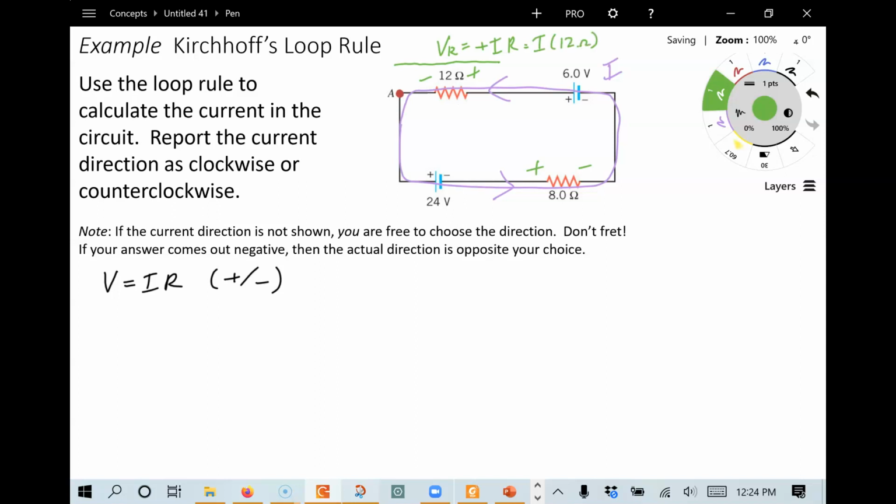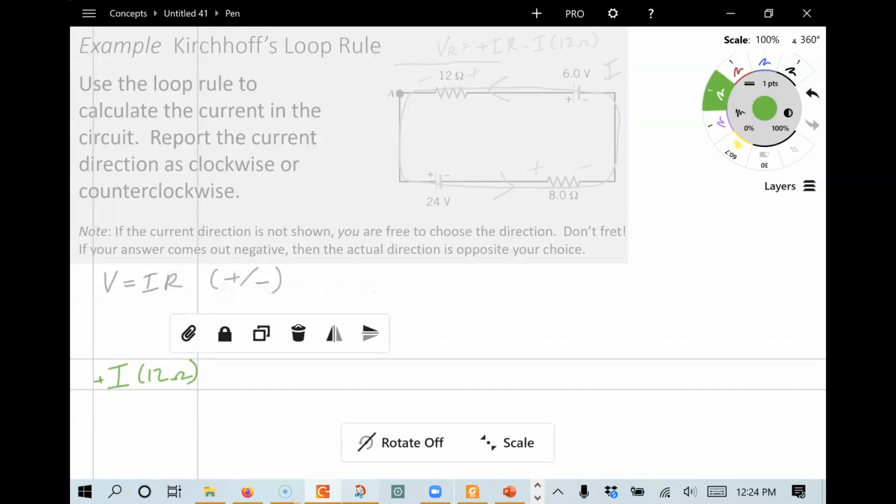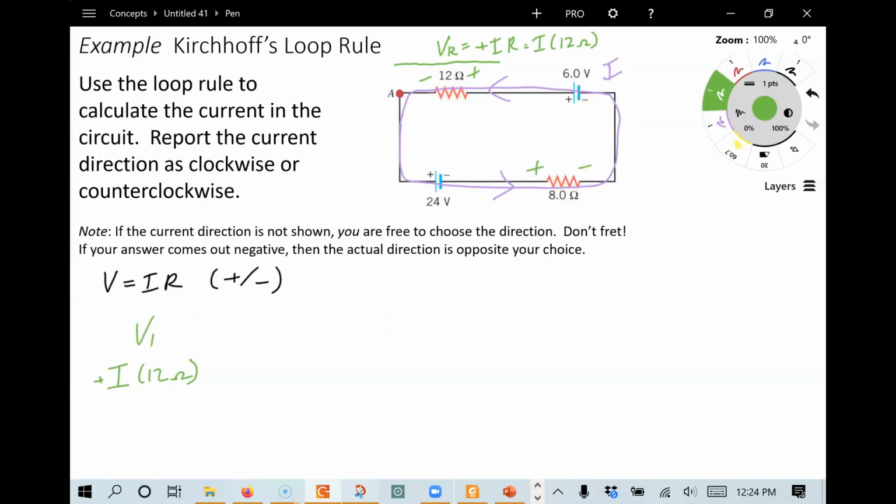So my first thing I'm going to write down is plus I times 12 ohms. And I'll put this below here, so you can see what we're doing. This was VR.